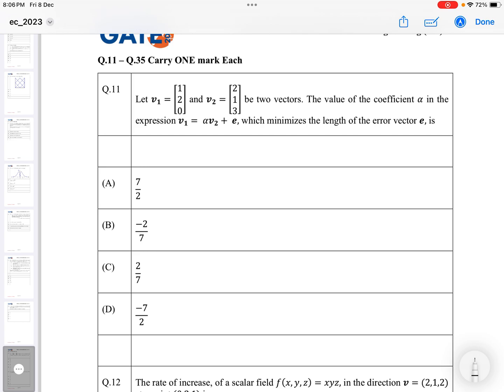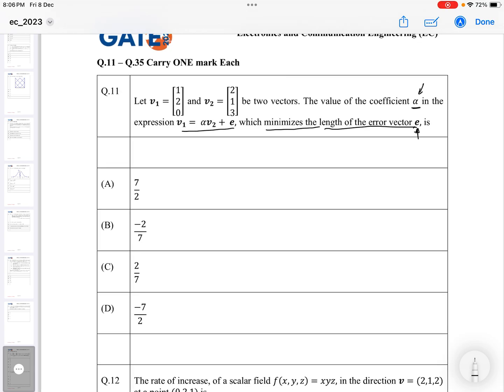The value of coefficient alpha in the expression which minimizes the length of vector e. So overall, we have been given these two vectors and this expression. So we have to minimize the value of e. For what value of alpha will we have the minimum e, which we can call the error also, right?